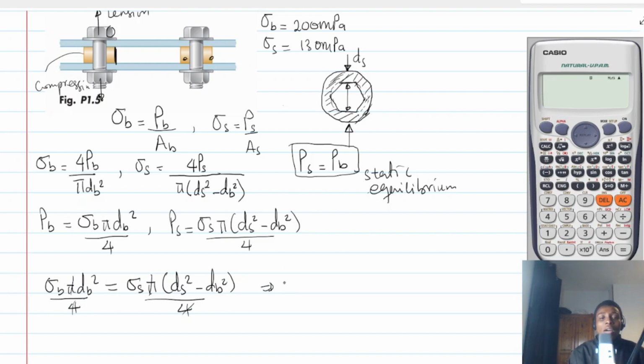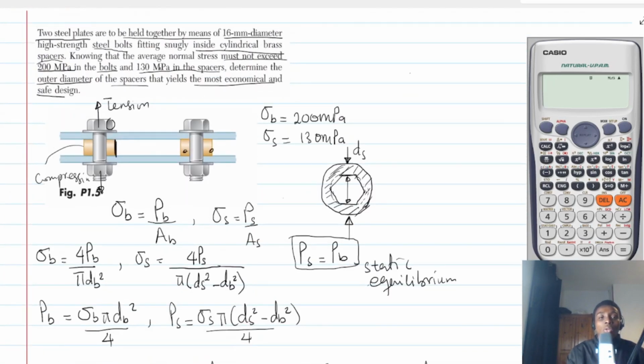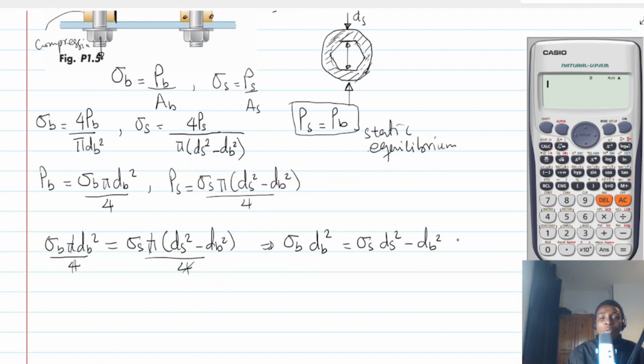Essentially, we have sigma b multiplied by dB squared should be equal to sigma s times dS squared minus dB squared. Look at this. The steel bolt has a diameter of 16 mm, so the diameter of the spacer is what we are interested in. So let's make dS the subject.